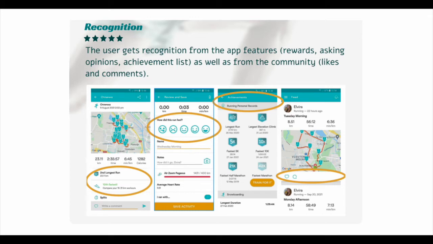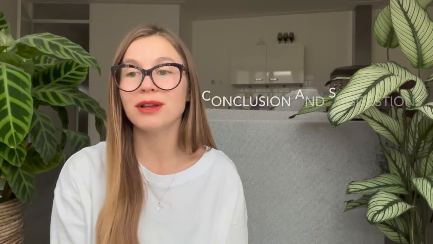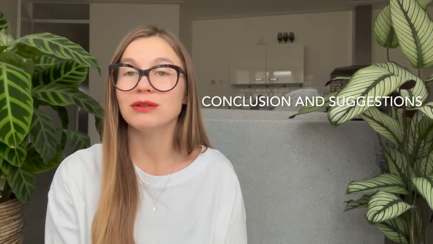The community also gives the user recognition in a way of liking and commenting on posted activities. Overall, the user gets recognition from the app features, rewards, asking opinion, achievement list, as well as from the community, comments and likes.